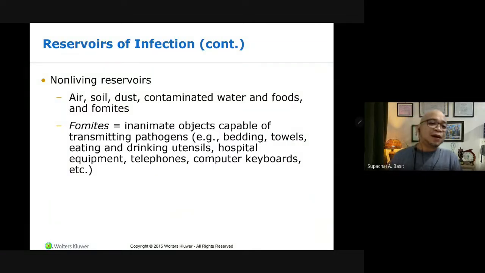Okay, so let's talk about the non-living reservoirs. This includes air, soil, dust, contaminated water, and food. Again, contaminated water and foods, we call them vehicles.